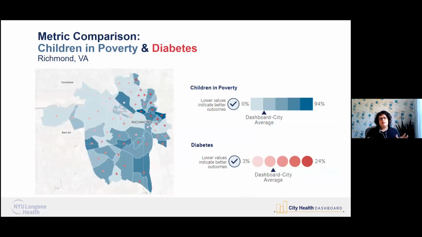One of the other features on the site where data communication really came into play is our metric comparisons. We have a way that you can look at two metrics at the same time on a city map. Children in poverty is still the blue choropleth map underneath, and then diabetes rates are overlaid as the pink and red dots, where the lighter colors indicate better outcomes all throughout the site.